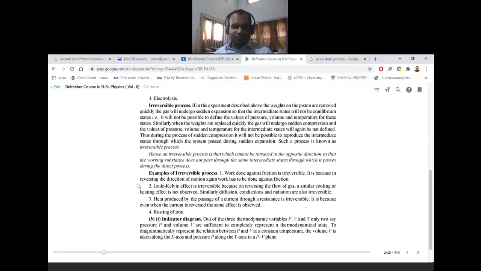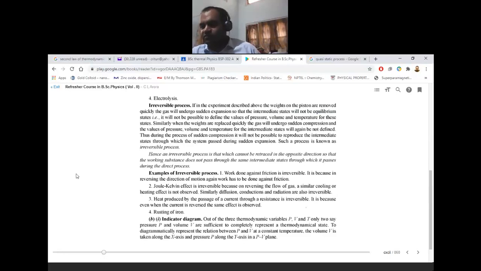Suppose you are moving from A to B, you have to do some work against friction, then when coming back from B to A, you will again have to do an additional amount of work against friction. So you encounter friction two times, and then the initial state will not be the same as the previous state. First time heat will be lost, second time also heat will be lost.